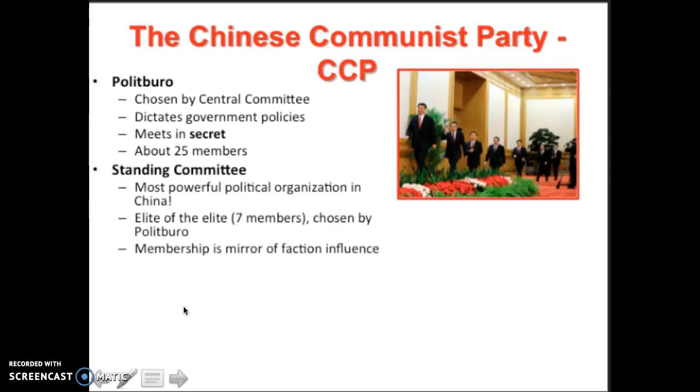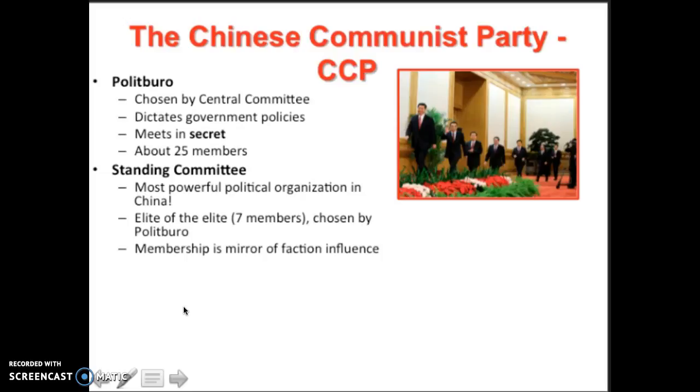Then you have the Standing Committee. This is an even smaller cadre of people. This is the most powerful political organization in China. There are 7 members, and they tend to be the same members from year to year. Like, the Standing Committee chosen at the 15th Party Congress in 1997 included Hu Jintao.